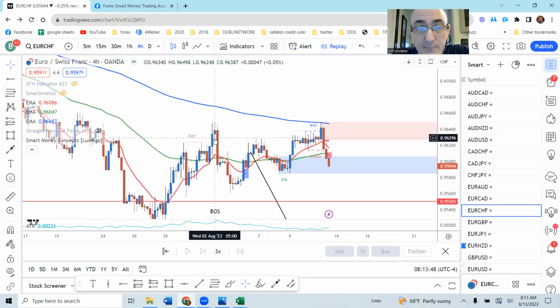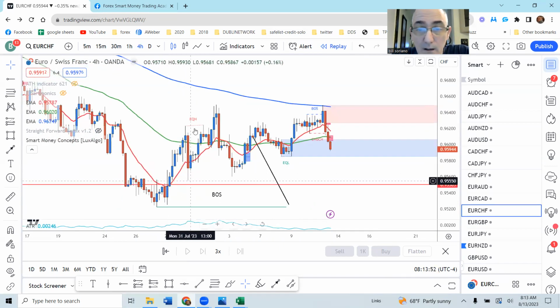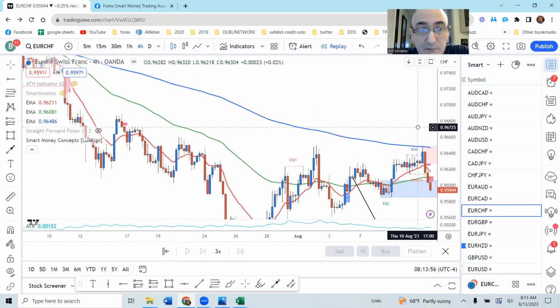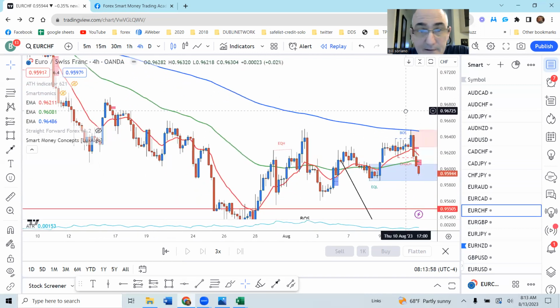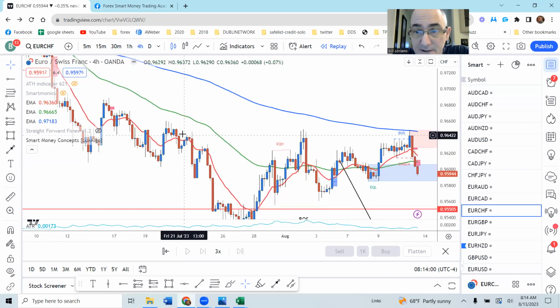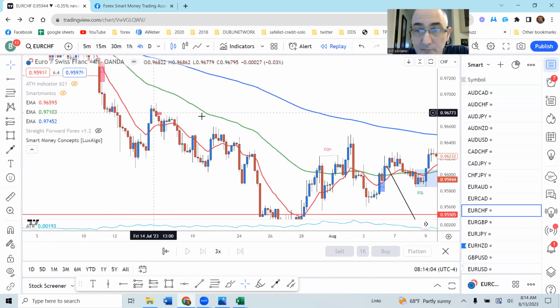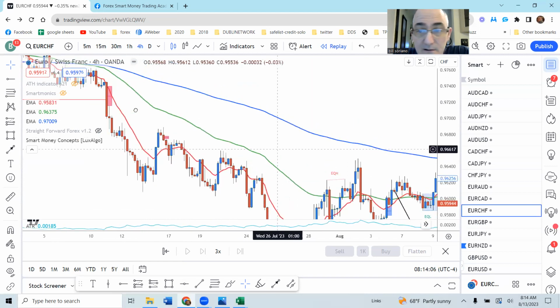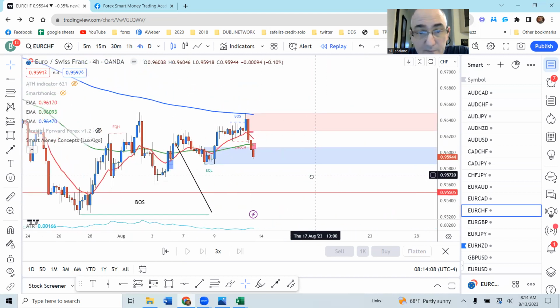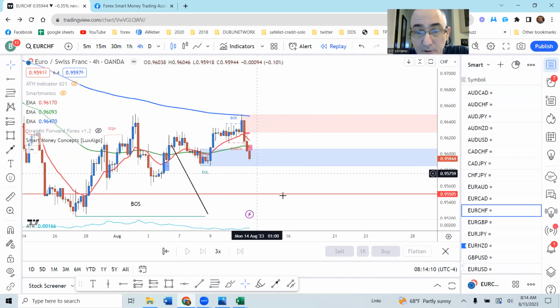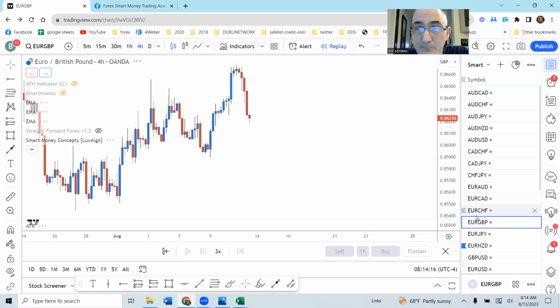If we were going to mark up an order block right now, we would have to go much higher up. Maybe this area right here has already been mitigated or hit. This area right here we don't like. So we're just going to leave our break of structure alert down here, wait for price to move down here, hopefully, and then we'll get that alert and be able to identify an area to trade from.